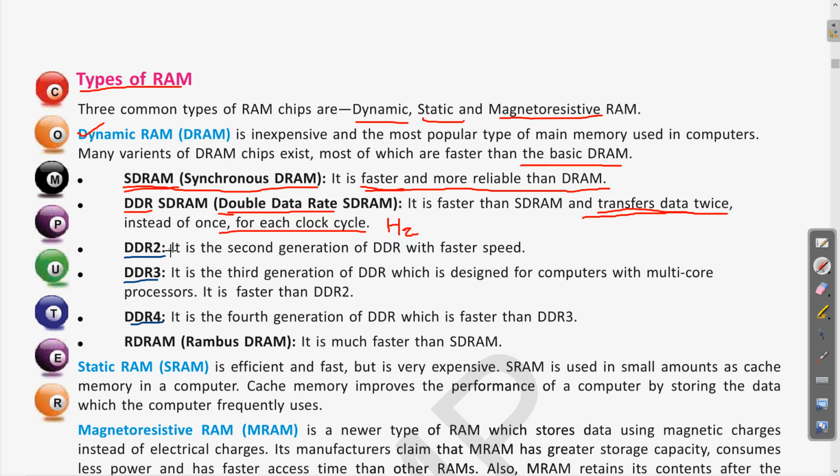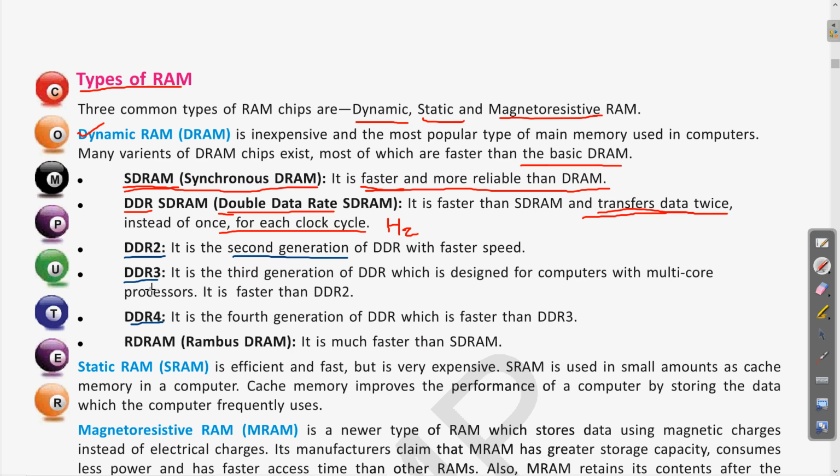So DDR2 is the second generation of the DDR with faster speed. Obviously, the higher the generation number, the better and faster it is. So it is faster than the DDR SDRAM.